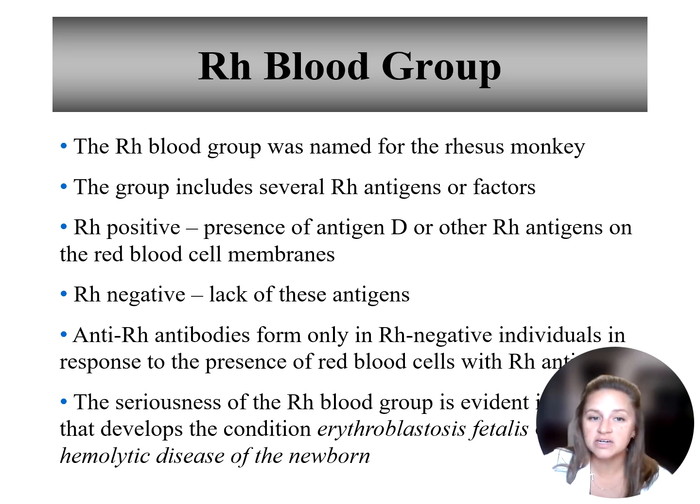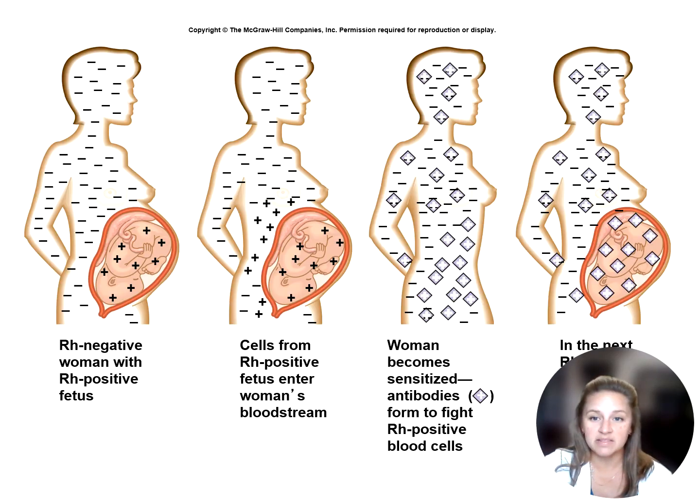The anti-Rh antibodies form only in Rh negative individuals and in response to the presence of Rh positive cells. The consequence of this is it can cause what's called erythroblastosis fetalis. This is a blood disease in newborns. This is something that you would be tested for if you were pregnant.